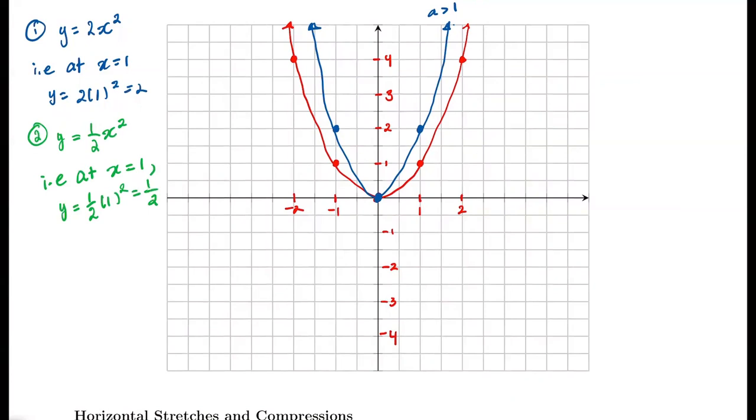So this is what the function would look like. We would still have the 0 point here at the origin. And then at x is equal to 1, it's going to be a half. And then at x equals -1 is also going to be 1/2. Then when x is equal to 2, it's going to go to 2. And then -2 would also be 2.